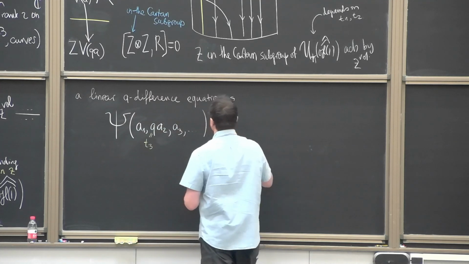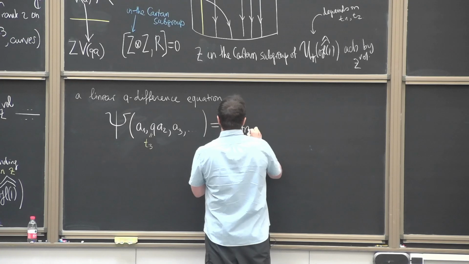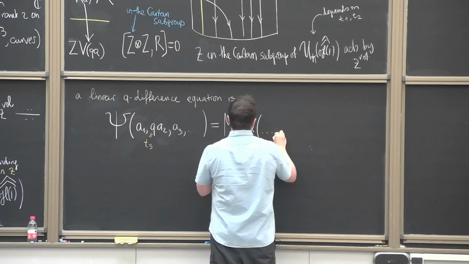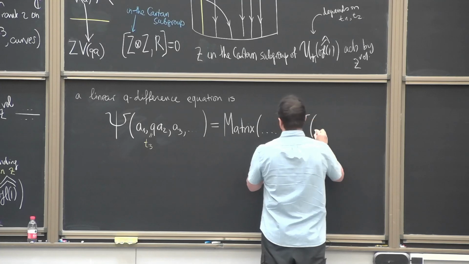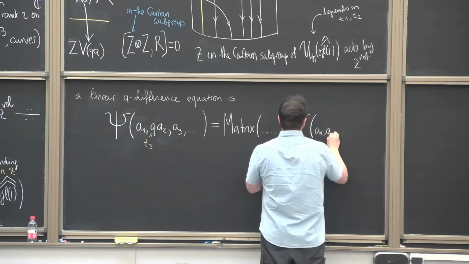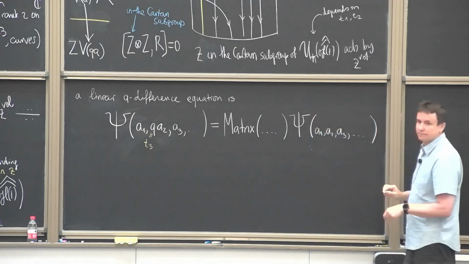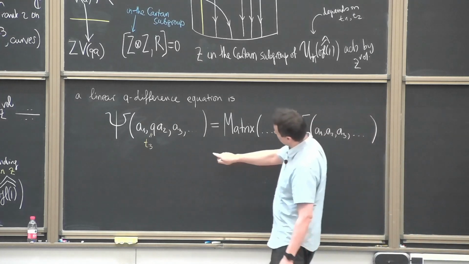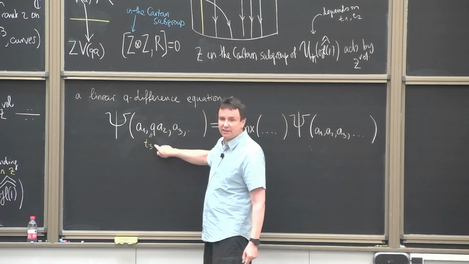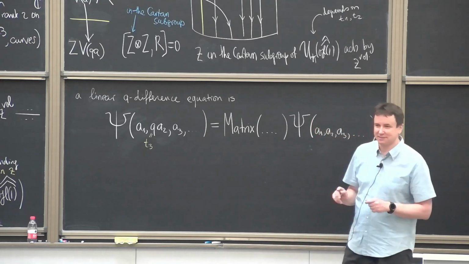This means you apply some kind of matrix that depends on all variables to this element psi of A1, A2, A3. So the actual geometric shift is by T3, but I don't want to consider T3 difference equations. I want to say Q difference equation.